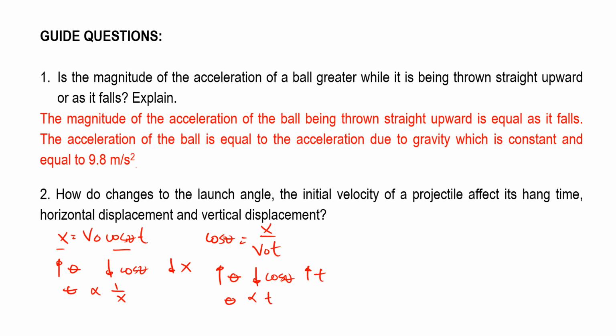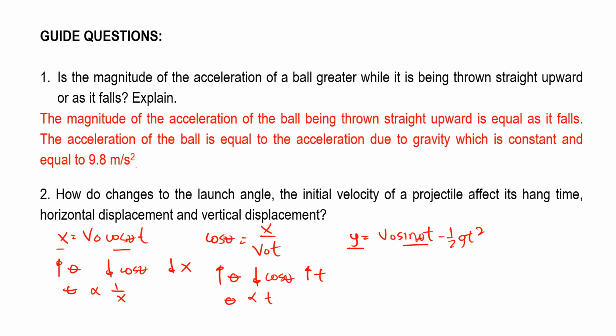So how about the vertical displacement? For the vertical displacement, we are using the formula y is equal to the initial velocity multiplied by sine theta multiplied by t minus 1/2 g t squared. Again, we're going to relate the sine theta with y, or the theta with y.